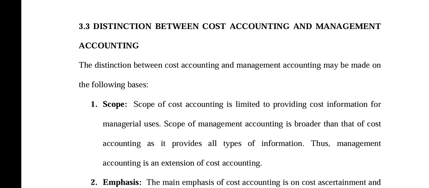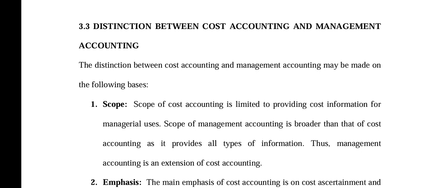So when you are referring to the basis of distinction, we are talking about scope. Scope means the wideness, how large something is, and we are looking deeply into something. Now, when you look at it holistically, you will see that cost accounting is just a part of what? Management accounting. Because management accounting has to do with the overall process, all the information we need.